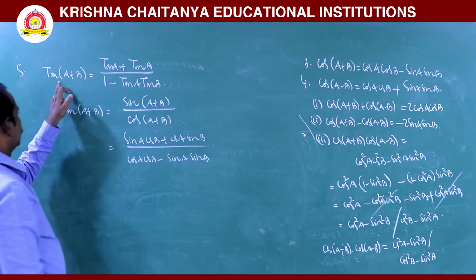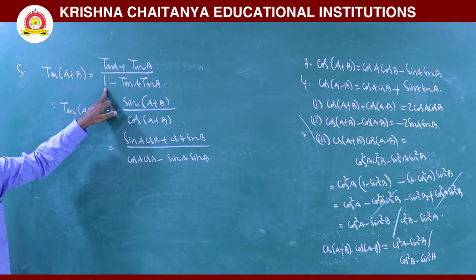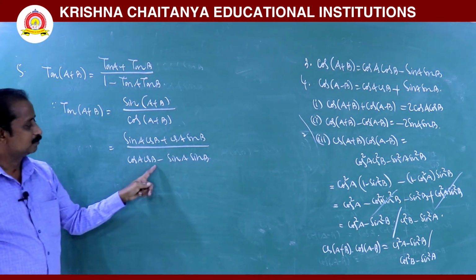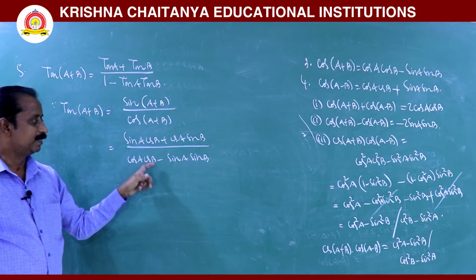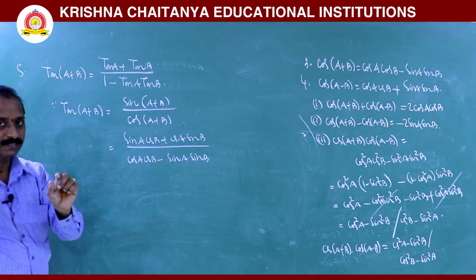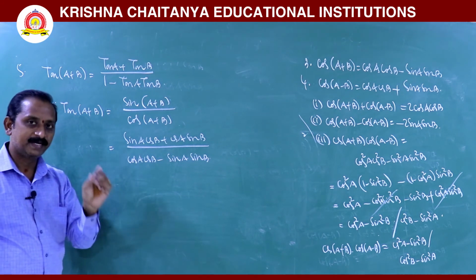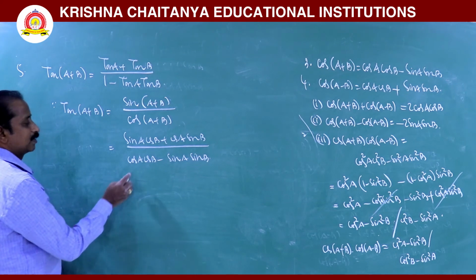Now, in the basic of tan of A plus B, the denominator's first term is 1. So, to make it 1, both numerator and denominator are divided by cos A into cos B. Divisible means every term in both numerator and denominator is divided.